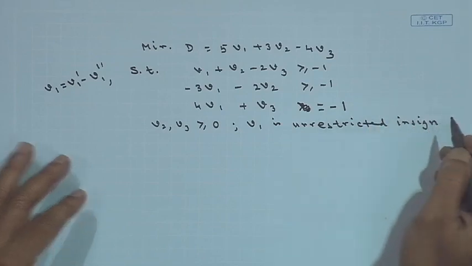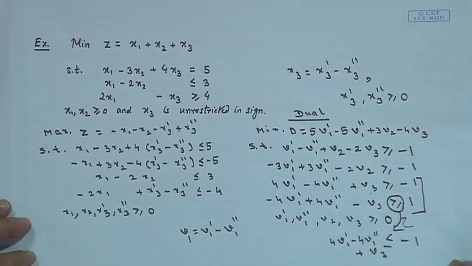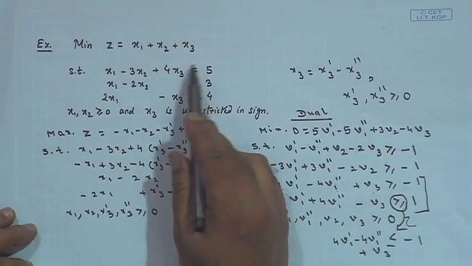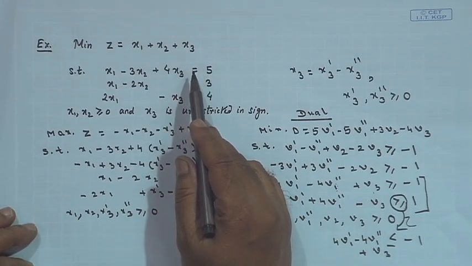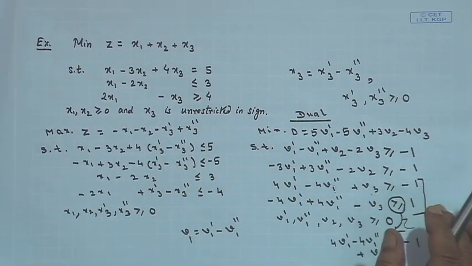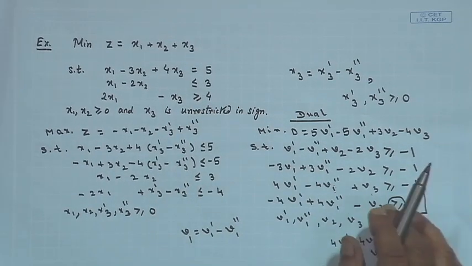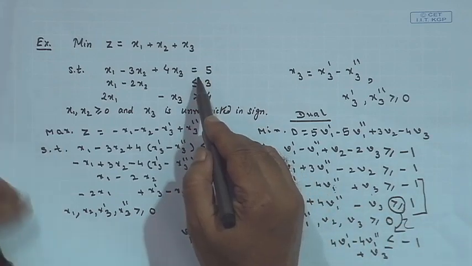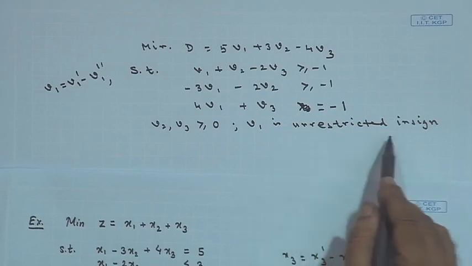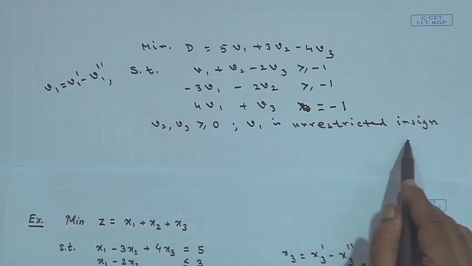So, if you remember in the theorem we have already said, if we have one equality type constraint, then in the dual one of the variables will be unrestricted in sign. Since we have only one equality type constraint, one variable is unrestricted.